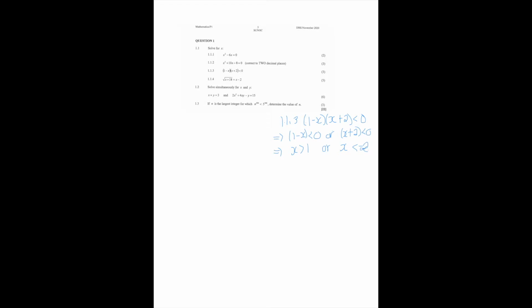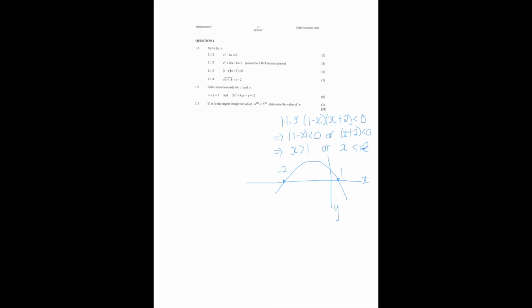So if we quickly just draw the graph of this equation, that will be your x-axis, and your y-axis will be somewhere there. This is not drawn according to scale. So we already know our critical values are here at 1 and at minus 2.